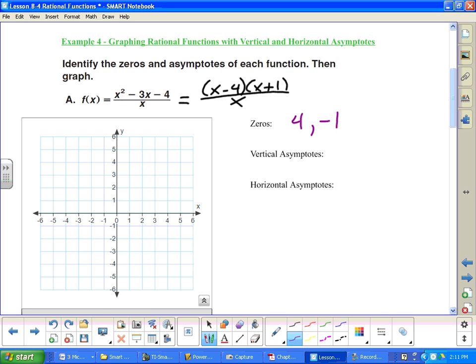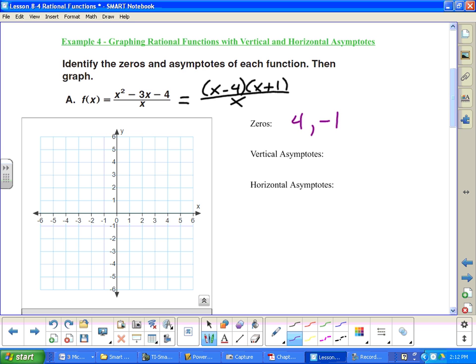Because if I put 4 in here for x, 4 minus 4 is 0. 0 times any number is 0. And 0 divided by any number is 0. Okay, so those are the zeros, 4 and negative 1. That's where the numerator is equal to 0.